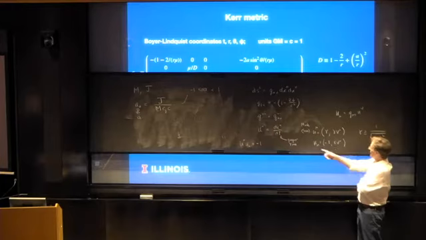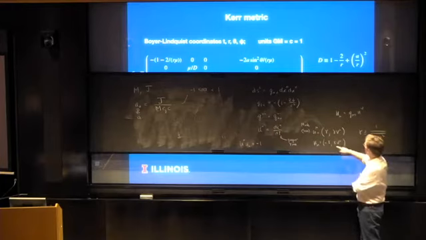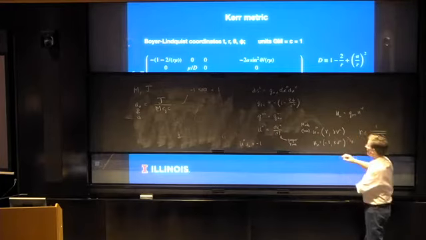If I do this calculation, based on these two, in Minkowski space and Cartesian coordinates, I get minus gamma squared plus gamma squared v squared. And that tells me that gamma squared is equal to 1 over 1 minus v squared. So it's also sort of a definition of the Lorentz factor.